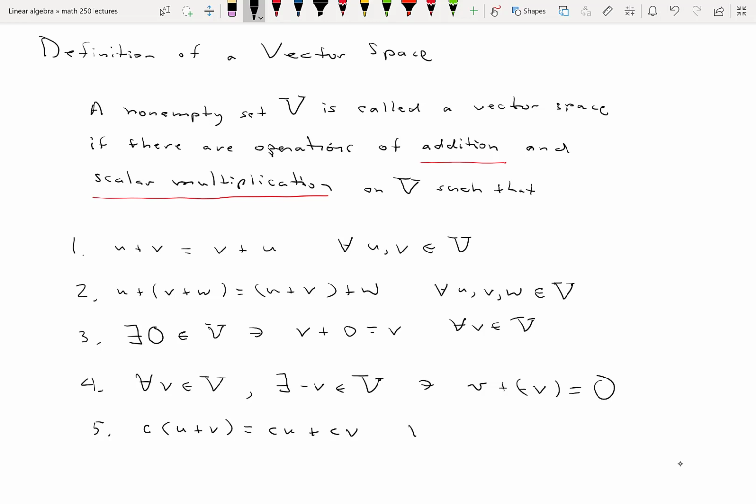This is true for all scalars, for all real numbers c. So that's about where the similarity with the distributive property from real numbers ends. And for all u and v inside the vector space, elements of the vector space.